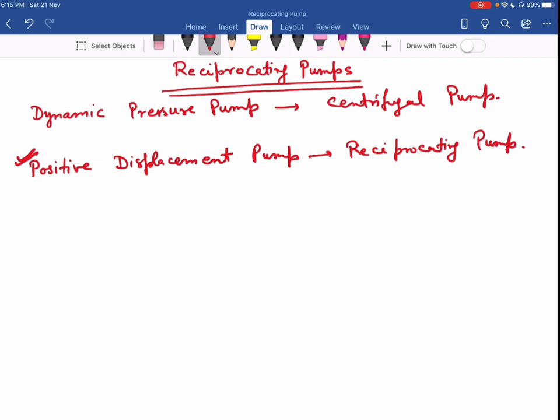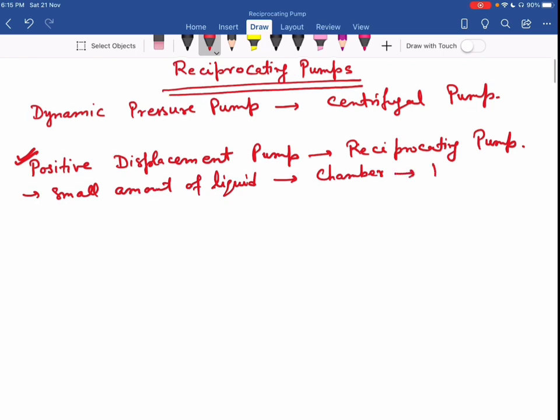So in this reciprocating pump, a small amount of liquid is taken into a chamber, and from that chamber it is pushed forward with the help of some mechanical element. This mechanical element physically pushes that liquid to the higher level.